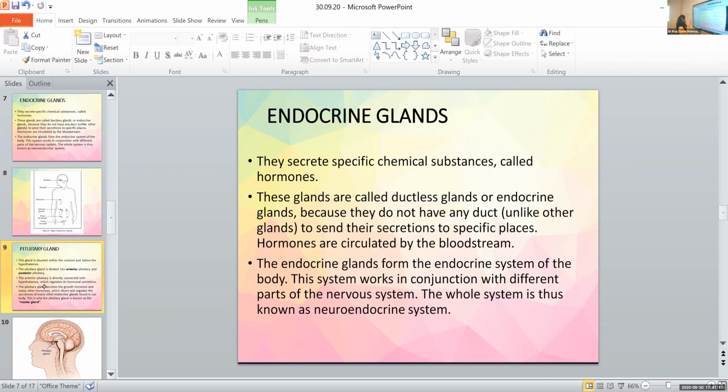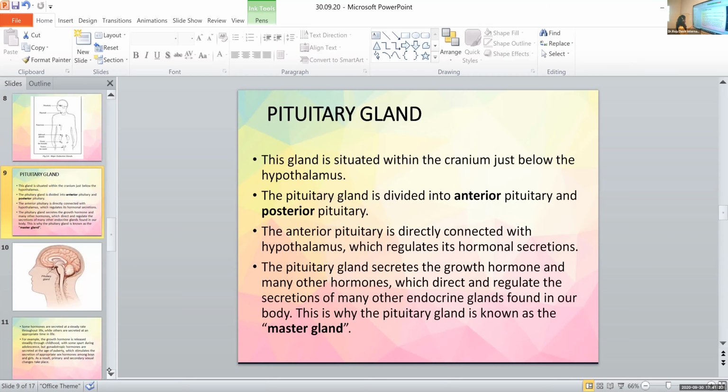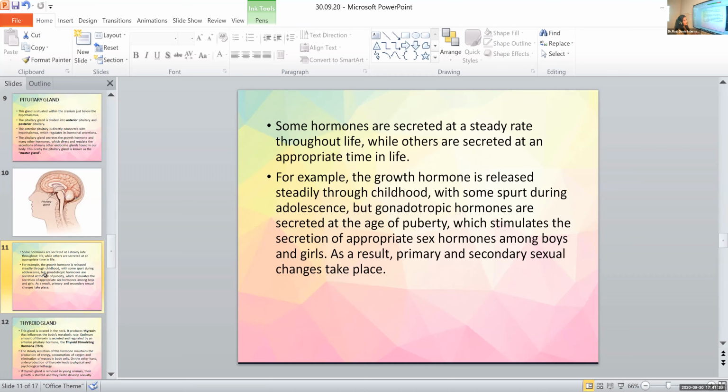Then we started with the pituitary gland. It is the master gland. It has two divisions, anterior and posterior pituitary. Anterior pituitary produces hormones like growth hormone at a steady rate, while some hormones are secreted at appropriate times in life, like puberty.